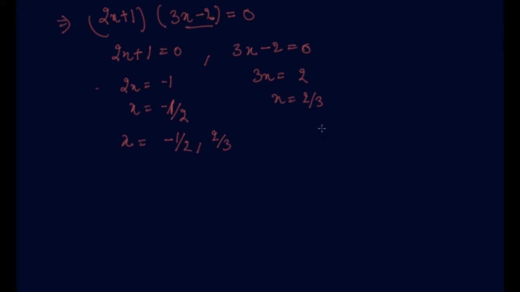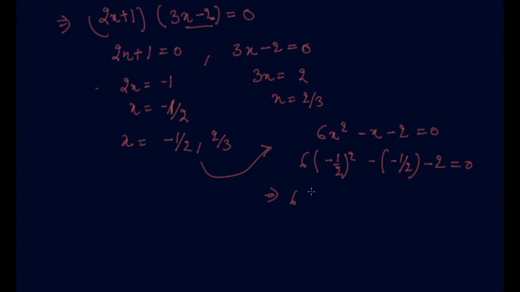What was our original equation? 6x square minus x minus 2. So you can cross check, in the exam also, by putting the value of x in the final equation. If you put the value of x as minus half, you get 6 into 1 by 4 plus 1 by 2 minus 2 equals 0. 6 into 1 by 4 will be 3 by 2, plus 1 by 2 minus 2.